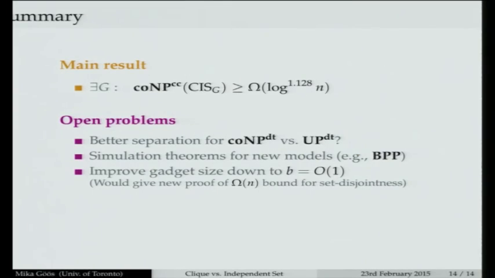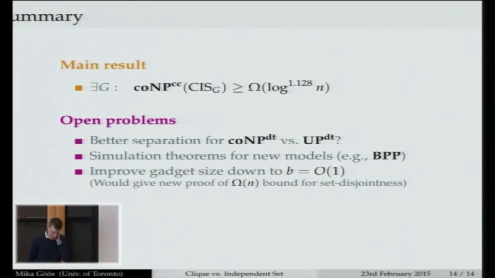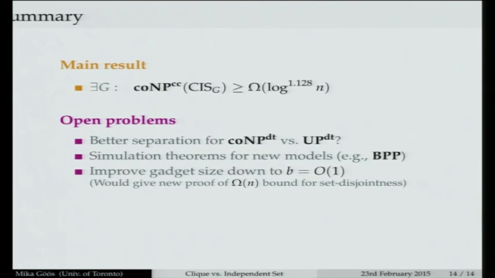So, yeah. Let me just end with some open problems. I conjecture that the true gap for these two measures is quadratic, and it should already be the case for decision tree complexity. If you prove it for decision tree complexity, you automatically get roughly the same results for communication.